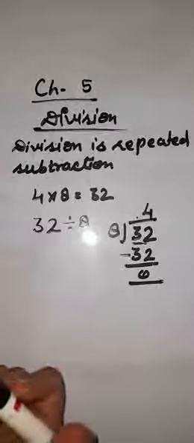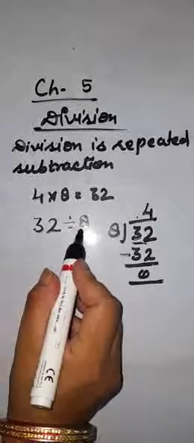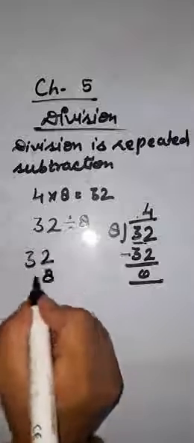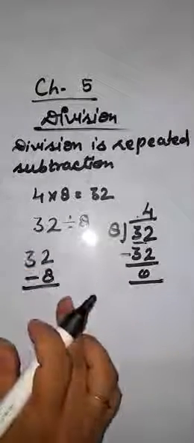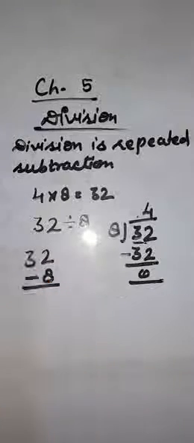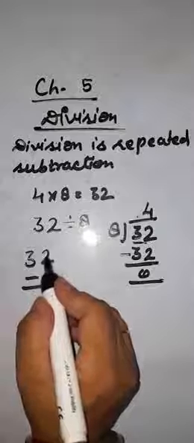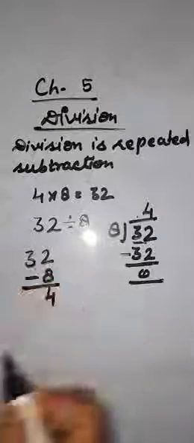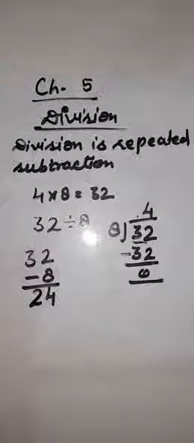Now how is it repeated subtraction? Children, here 32 minus 8. First of all we subtract 8 from 32. Just take one borrow in your mind, we will not write it here. It becomes 12. 12 minus 8 is 4, and here 2 is left, so we write 24.